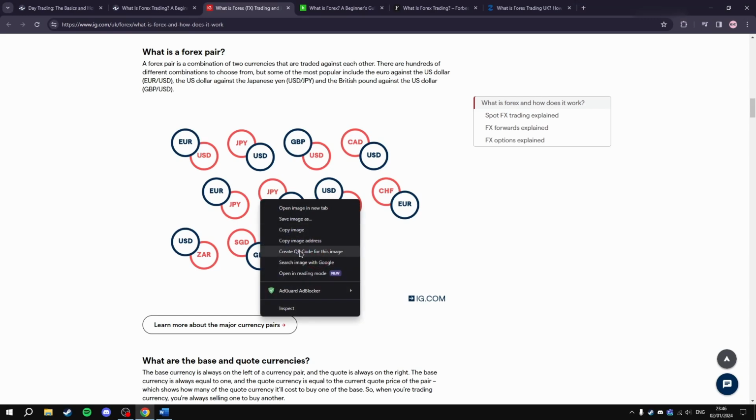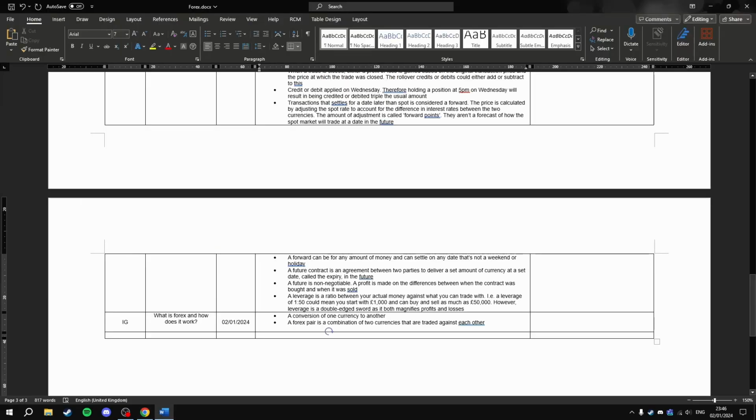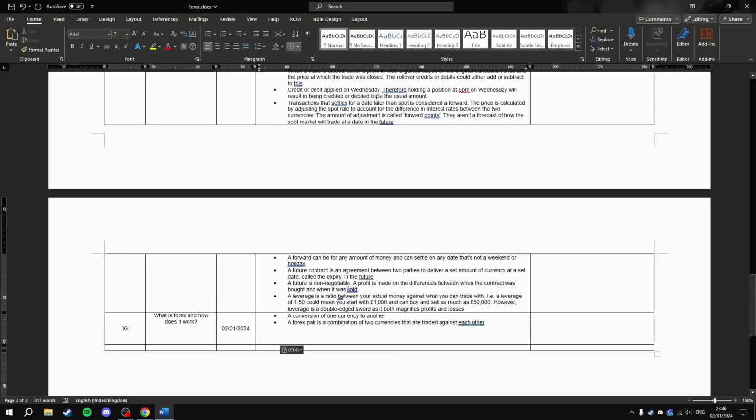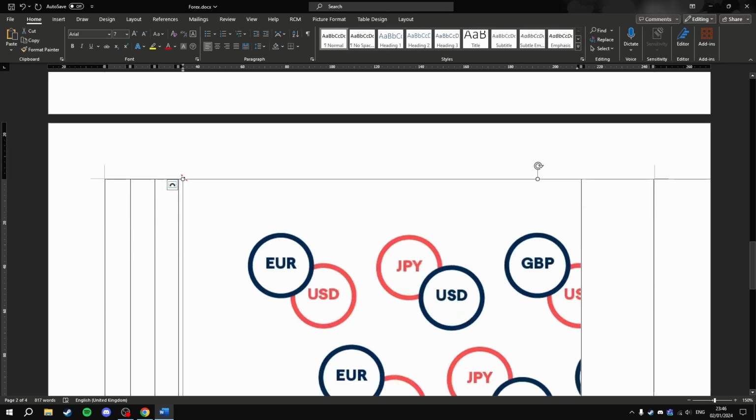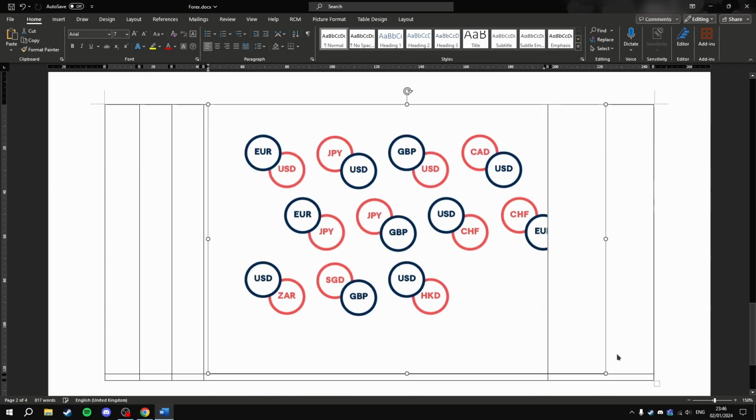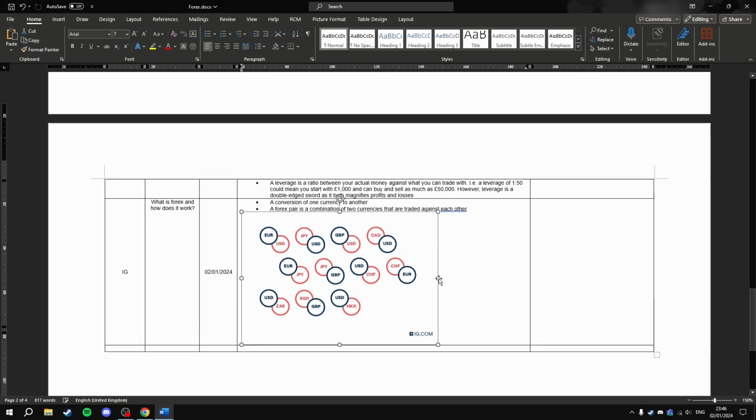You know what, I'm just going to yoink and paste that in. That's a very nice image. I like my images, they look nice.